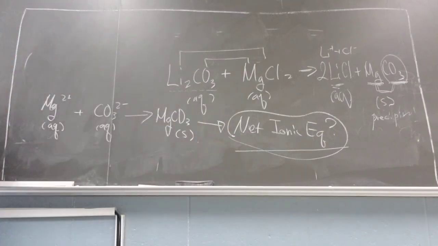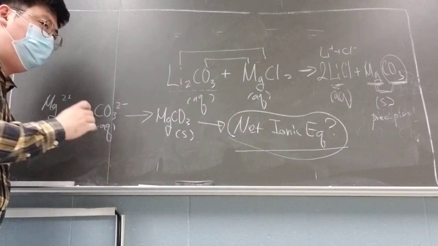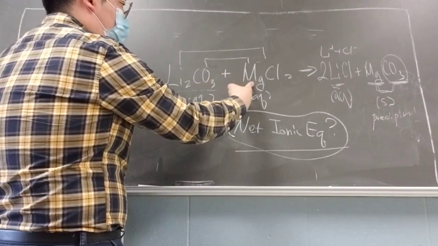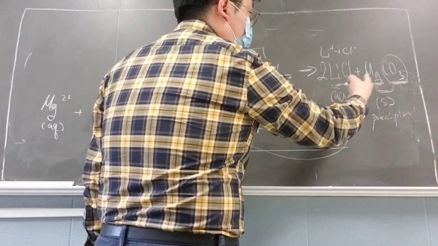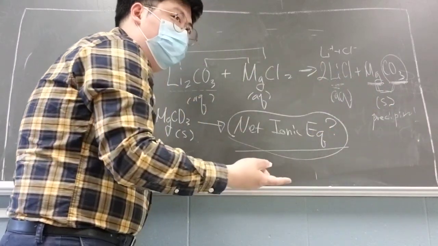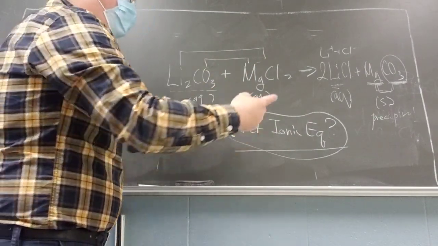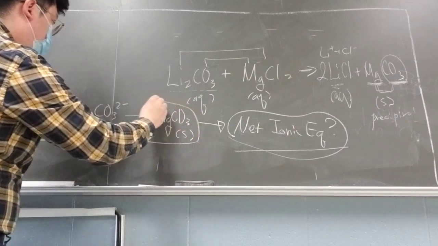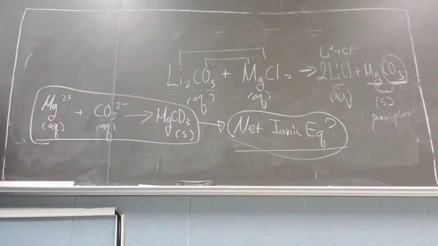The key point here is to look at the solubility rule table, and when you do double displacement, you're going to have 2 new products on the right side. Look at which one is not soluble in water, and just use that one to make the net ionic equation right there.